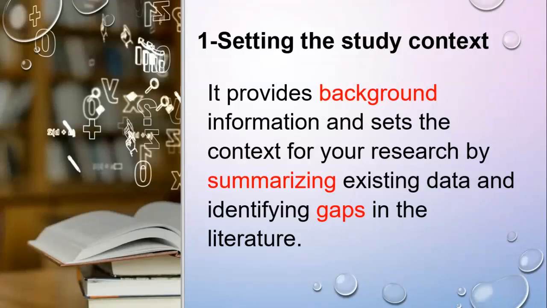When we summarize the existing data and identify the gaps in the literature, we set up the context for our upcoming study. This first purpose was mentioned in the chat box by some of you: setting the context of the study.